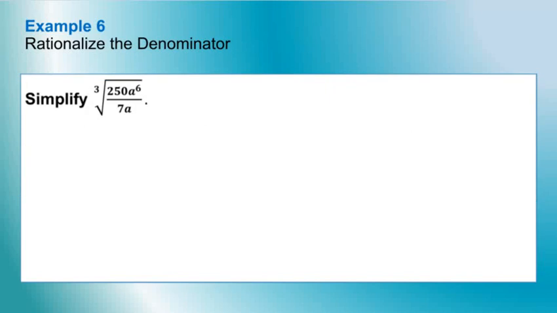So our first example here in example 6, the cube root of 250 a to the 6th. So the cube root of 250, got to think, what do I multiply 3 times to get 250?